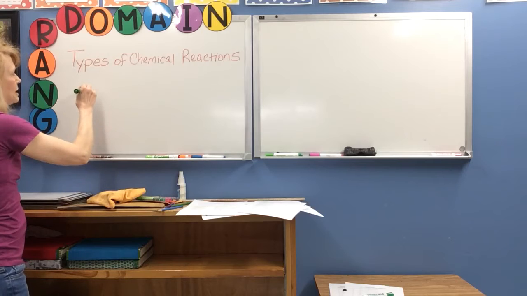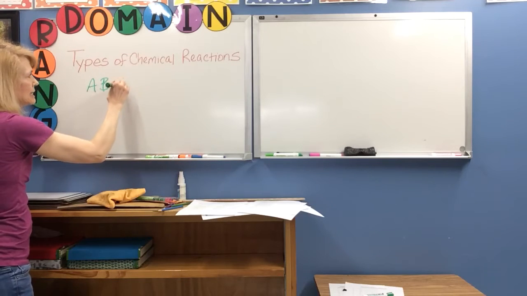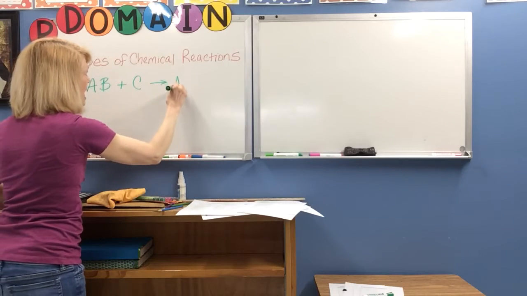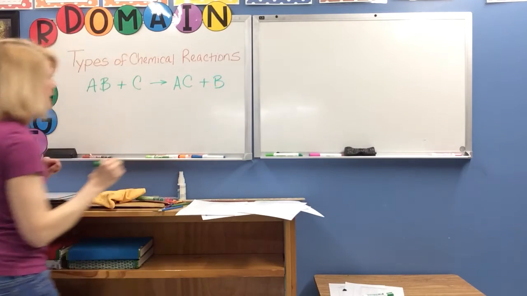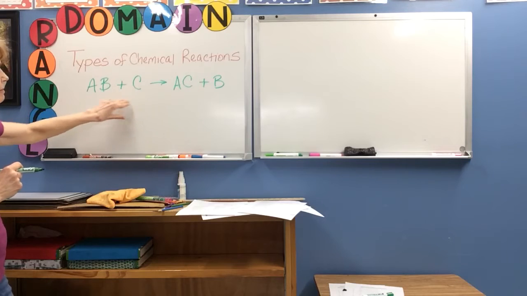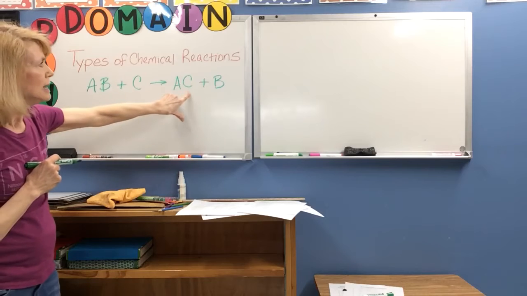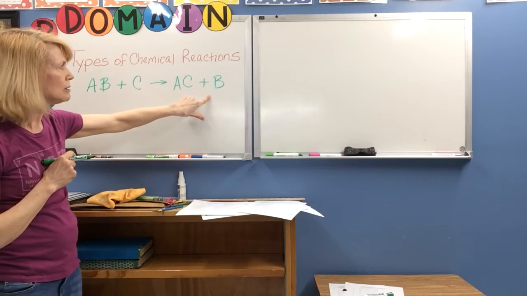Then we have something that's, if I have A plus BC yields AC plus B. Okay? See how A is basically switched off? Over here it's A plus BC in our reactants. And in our products it's AC and B's by itself.